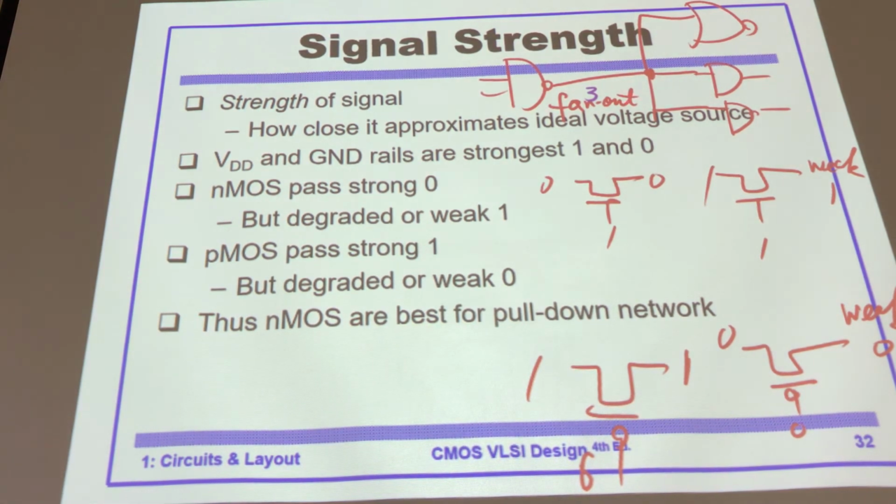We call that fan out. The higher the fan out, the higher your loading, and your resistance and capacitance are higher. Your loading is higher, meaning you need a stronger signal to drive high loading. Otherwise, you might get a low signal level, not high enough for 1, not low enough for 0.